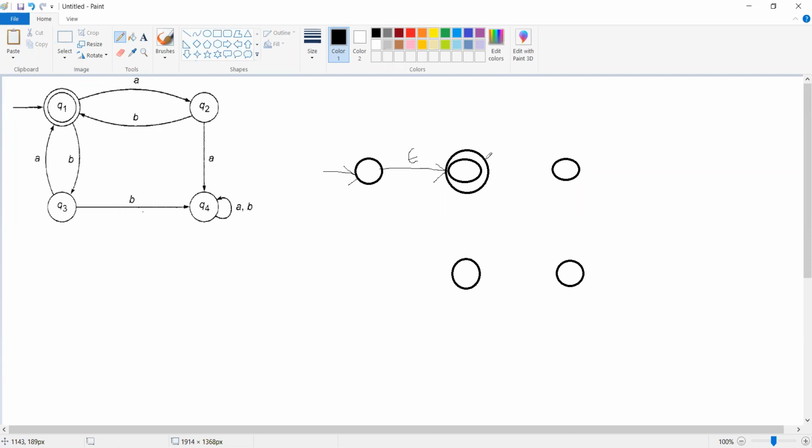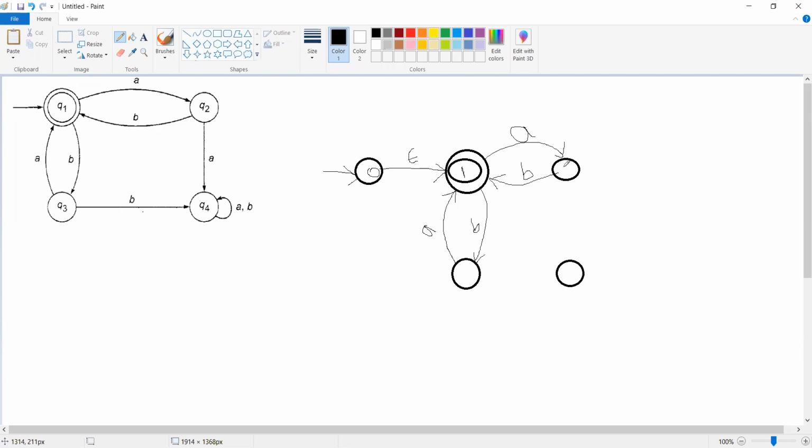Then Q1 to Q2, we have a transition on A, and here we have a transition on B. Then from here we have a transition on A, and here we have a transition on B. Instead of writing Q1, Q2, please consider that I am writing 0, 1, 2.